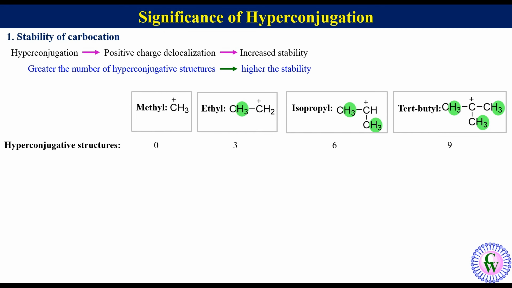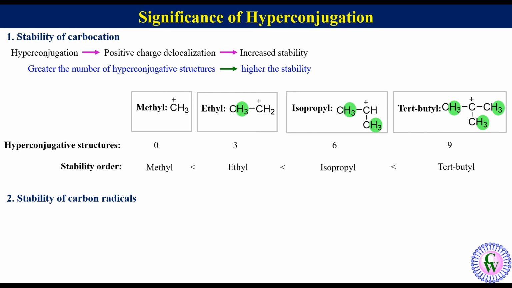If we talk about stability order, methyl having no hyperconjugative structure is the least stable. Ethyl carbocation with 3 alpha hydrogens is more stable than methyl. Isopropyl carbocation with 6 alpha hydrogens is more stable than ethyl, and the tert-butyl carbocation with 9 alpha hydrogens is the most stable among these.